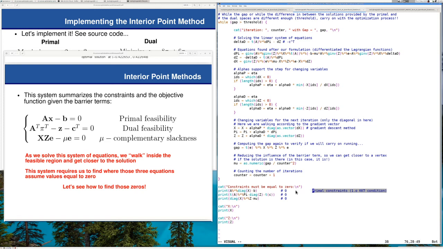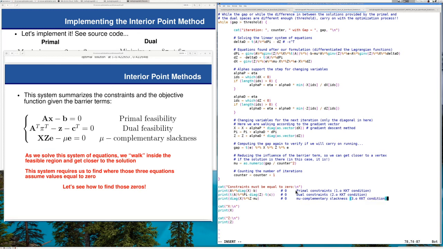Those over here are going to be our dual constraints, or dual feasibility, if you prefer, the second Karush-Kuhn-Tucker condition. And this is called the complementary slackness, or the third Karush-Kuhn-Tucker condition.